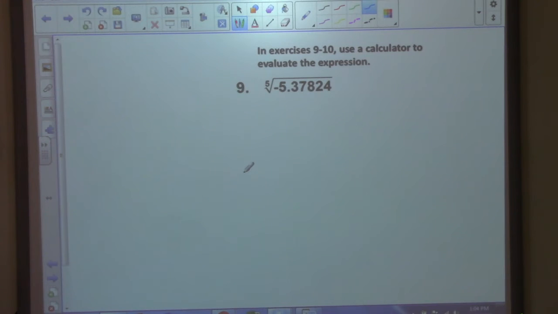Does anybody have trouble putting that in the calculator? Anybody have a question about putting this in the calculator? Well, I'm going to assume that somebody who could have been asking the question is not asking the question.